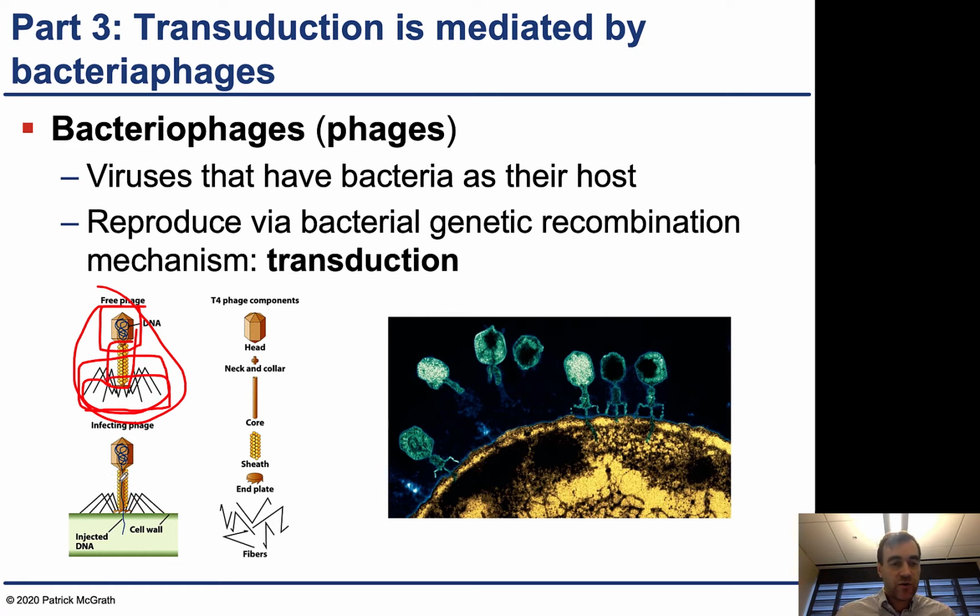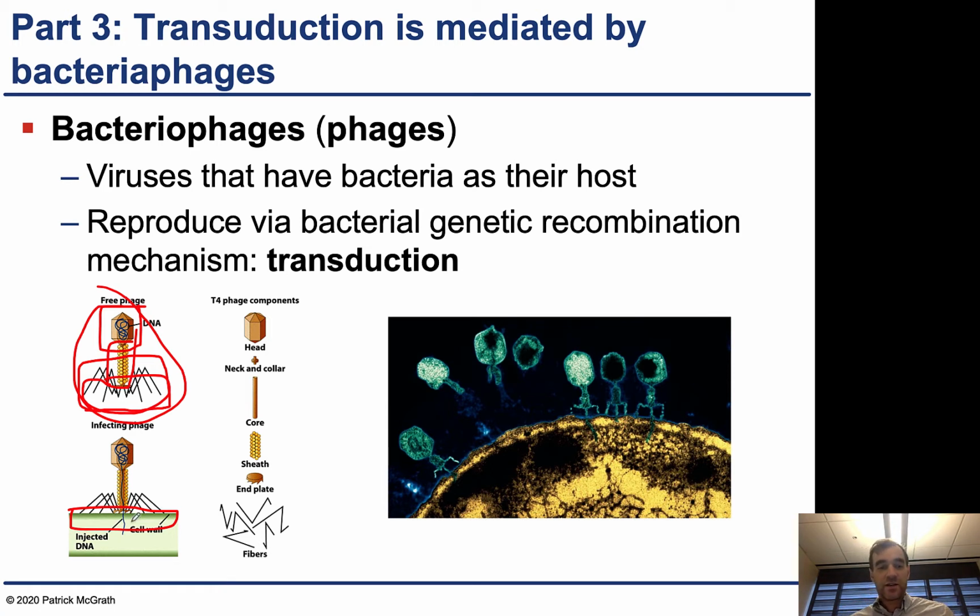If this phage particle finds itself floating through water and comes into contact with a bacteria cell that it can infect, these fibers are able to bind to the cell wall, and then it's able to inject DNA through the core and the sheath into the cell.